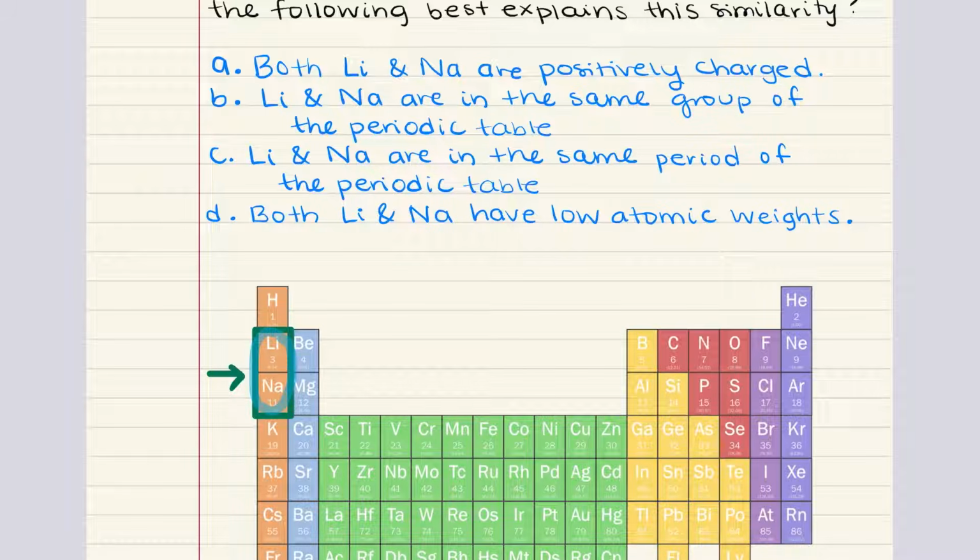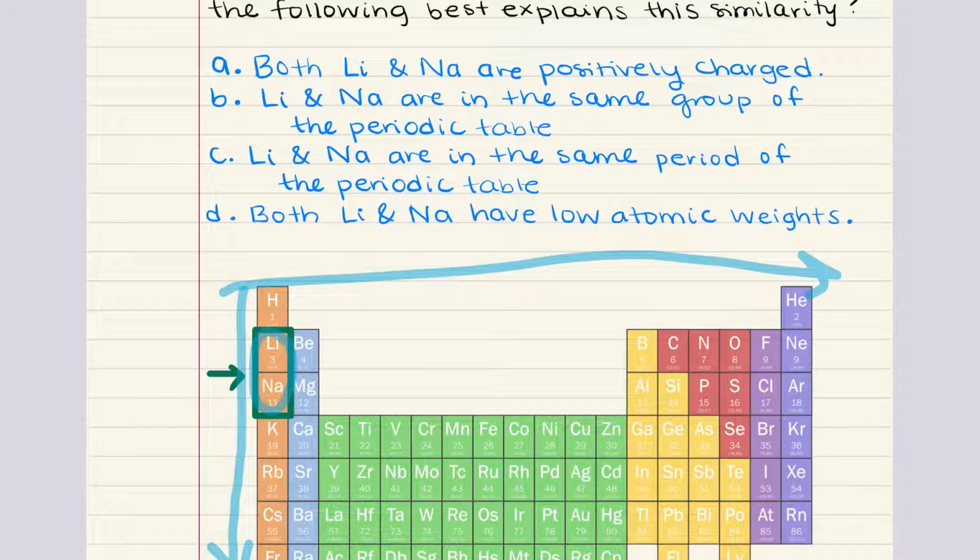Groups are the vertical columns in the periodic table, and elements in the same group often exhibit similar chemical properties because they have the same number of electrons in their outermost shell. Periods, on the other hand, are the horizontal rows, and elements in the same period don't necessarily have similar chemical properties. Given this background, let's begin to explore each of our options.